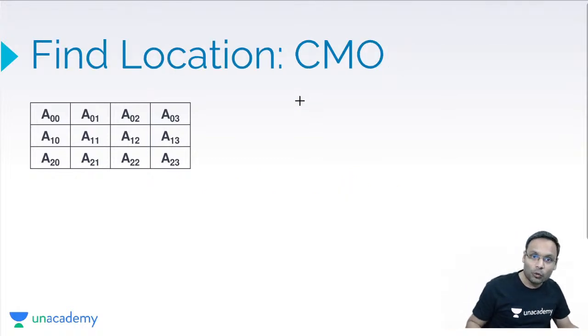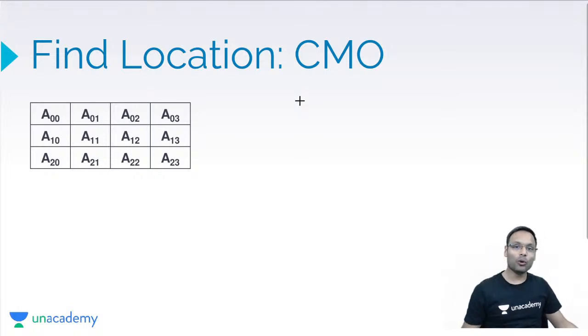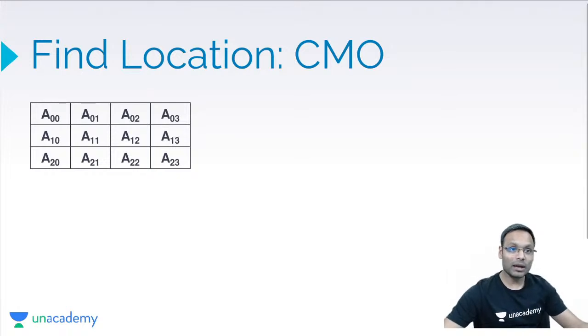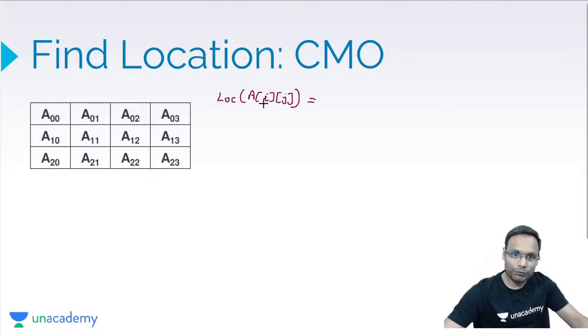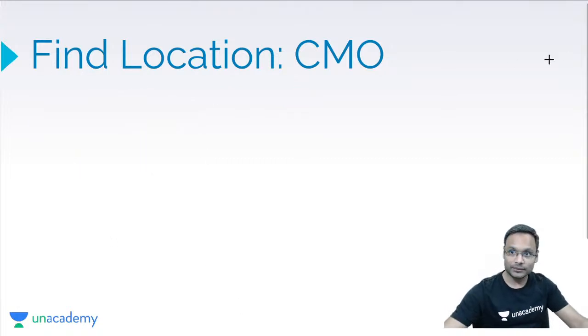If you want to get the location of CMO, how do you get it? क्या आप बेसिक फॉर्मूला बता सकते हो? The location of A of ij will be equal to, first of all, you are storing the elements column wise.